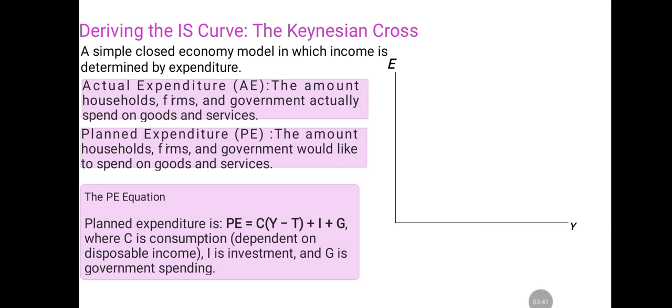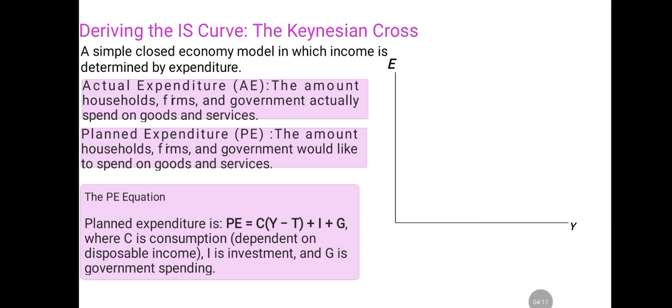Actual expenditures mean the amount households, firms and government actually spend on goods and services, while planned expenditures mean the amount households, firms and government would like to spend on goods and services. The planned expenditure depends upon consumption, investment and government expenditure.